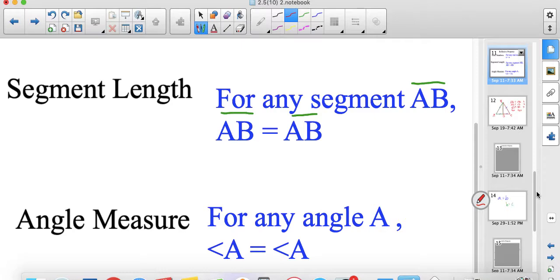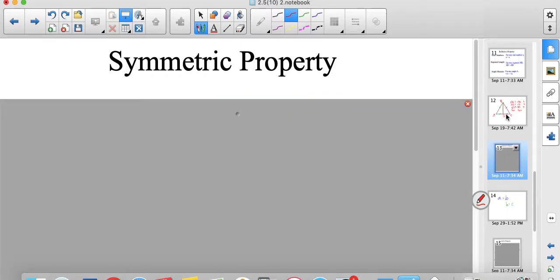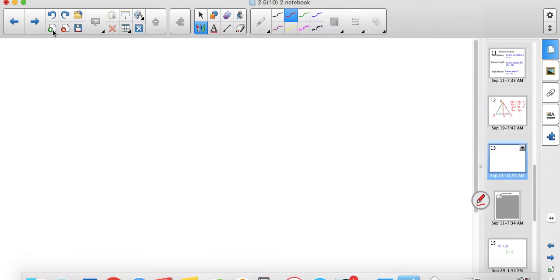Now your second property is known as your symmetric property. What your symmetric property does is it allows you to solve an equation, and if I solve the equation and get x equals 5, and you solve an equation and get 5 equals x, it allows us to both be right. And that's the idea behind your symmetric property.